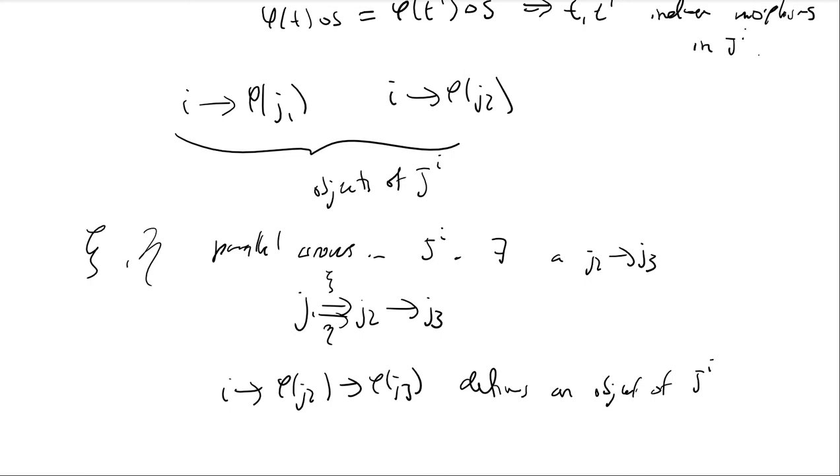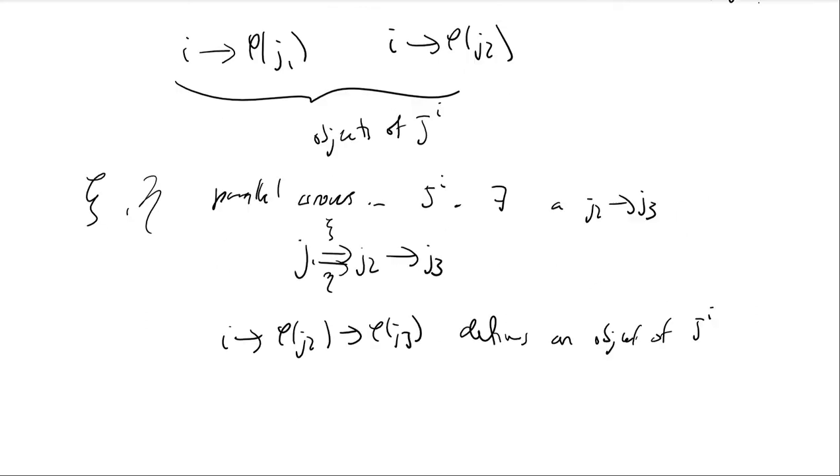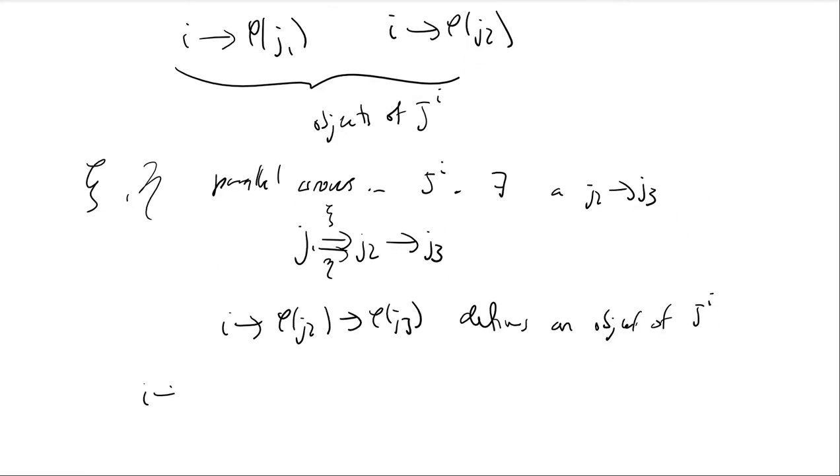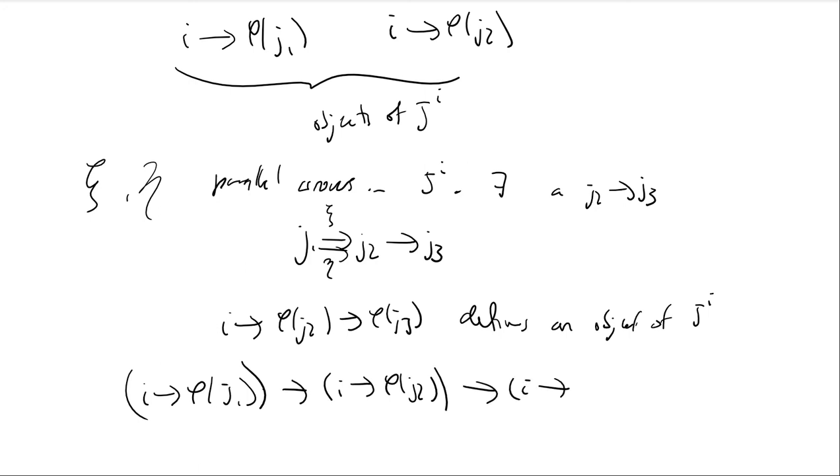But that means we have two possible compositions, both of the form like this. Really, I could put a second arrow here, but it feels like it's a little bit confusing what that means, but it's okay. And these have to coincide. And so that concludes this part of the proof.